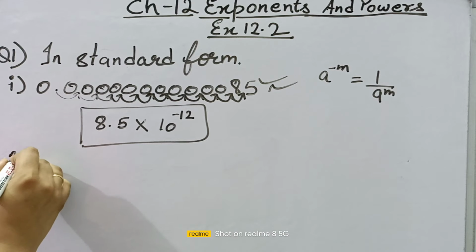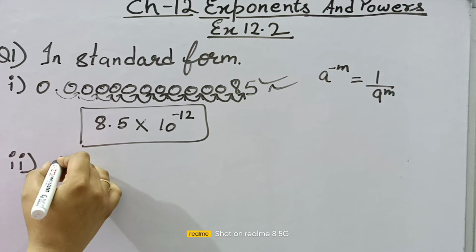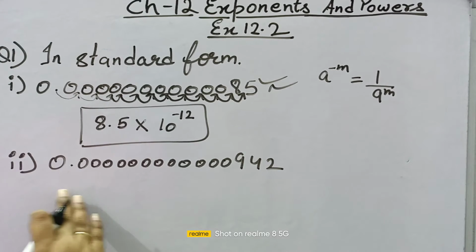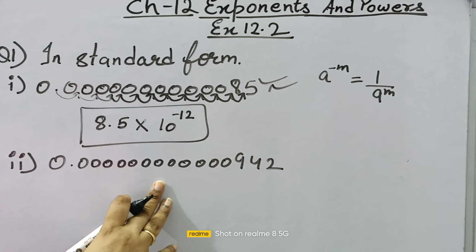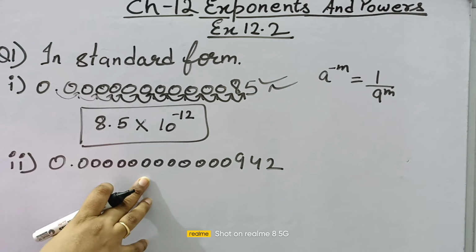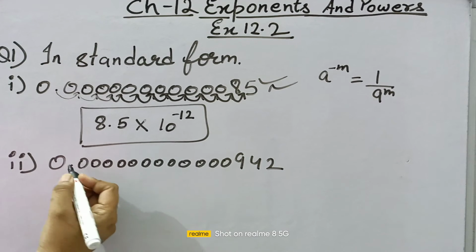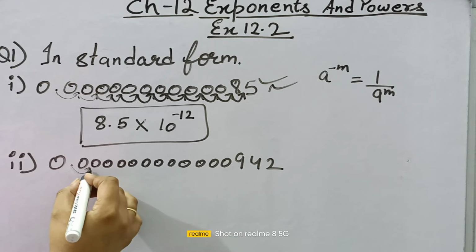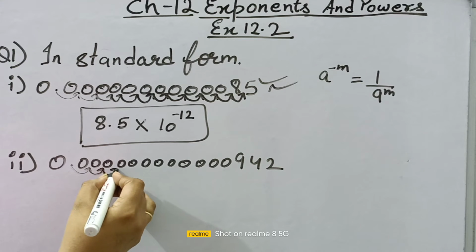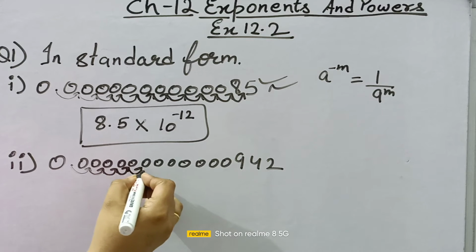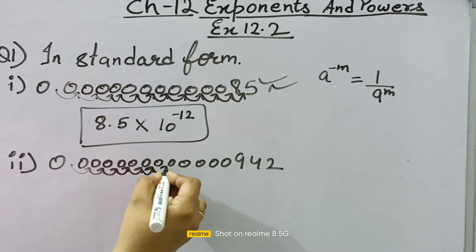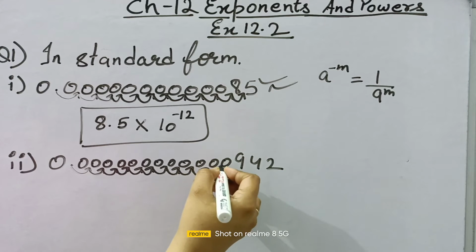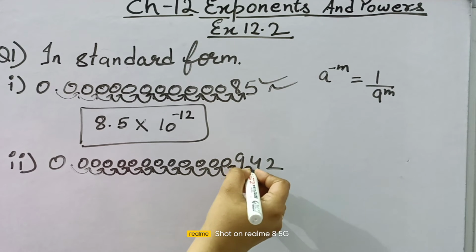Let's see another one. Here it is written. So this is your given number. You have to convert this usual form into standard form. Again, let's shift this decimal to the right side. This will shift here for the first time, second, third, fourth, fifth, sixth, 7, 8, 9, 10, 11, 12, 13.